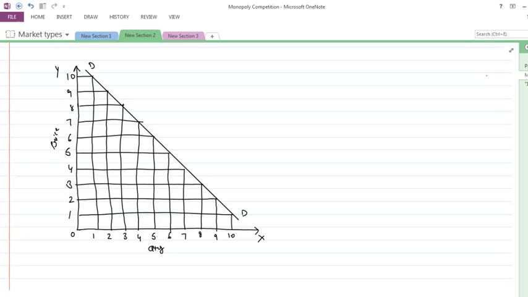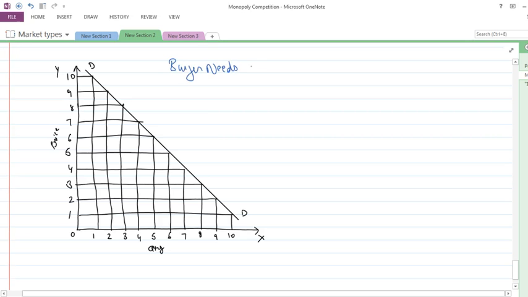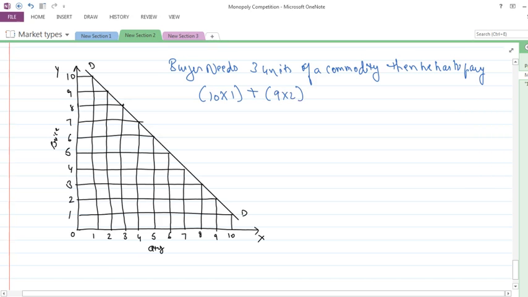So for example, if a buyer needs 3 units of a commodity, then he has to pay how much? 10 rupees for 1 plus 9 rupees for 2.